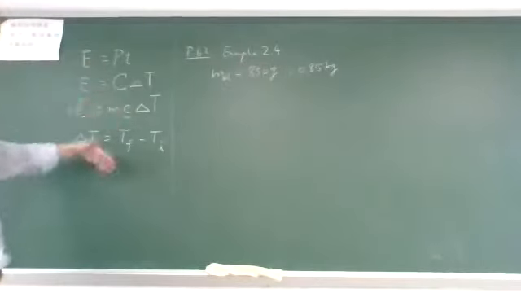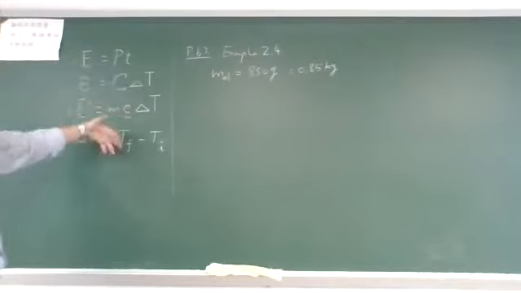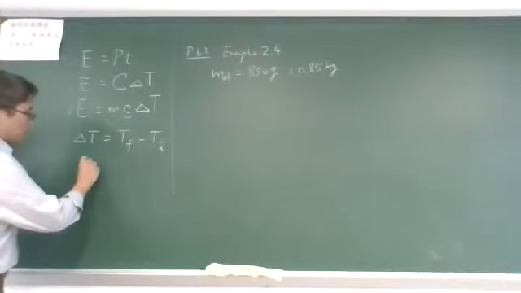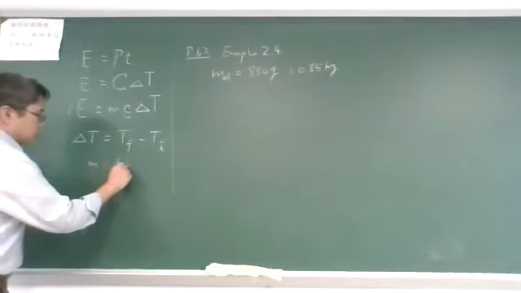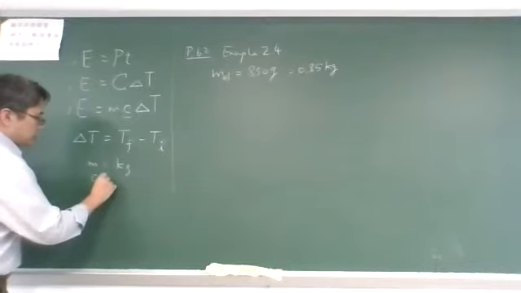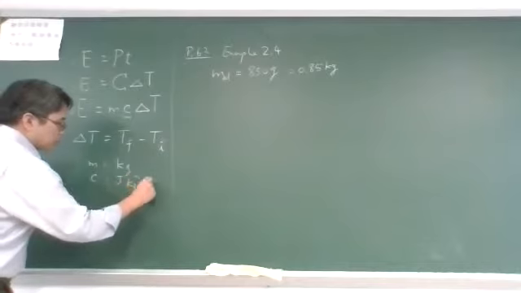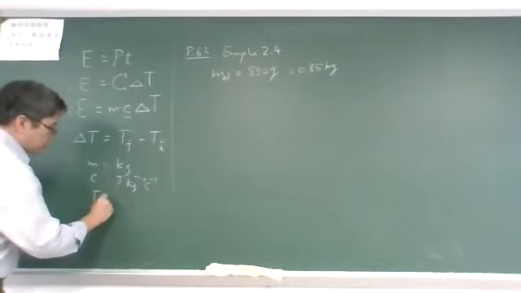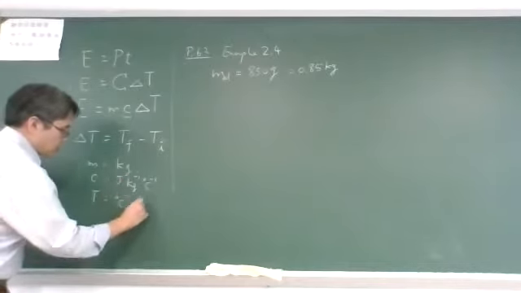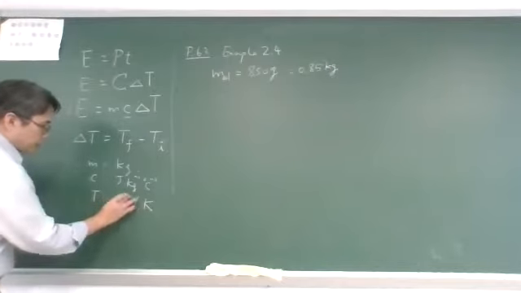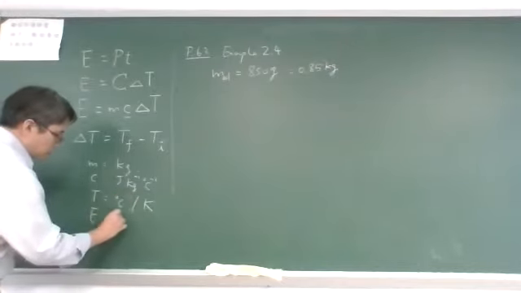In this chapter, the unit for mass is kilogram. For C it is joule per kilogram per degree Celsius. For T, degree Celsius or Kelvin. For E, it should be joule.